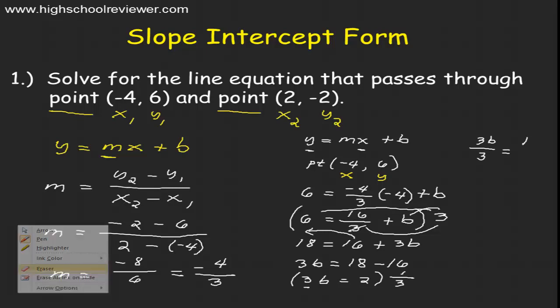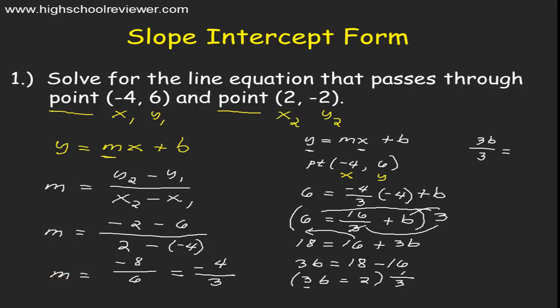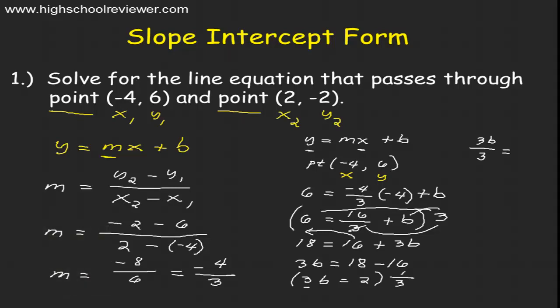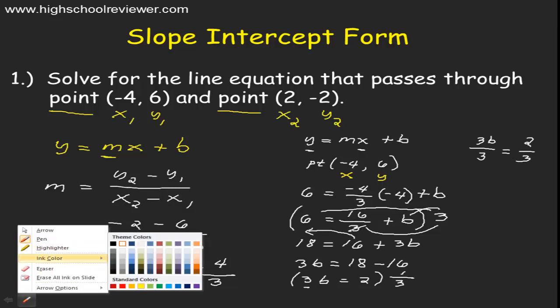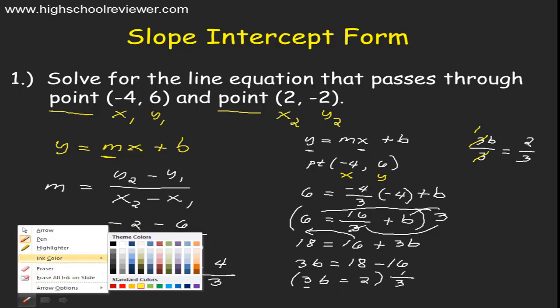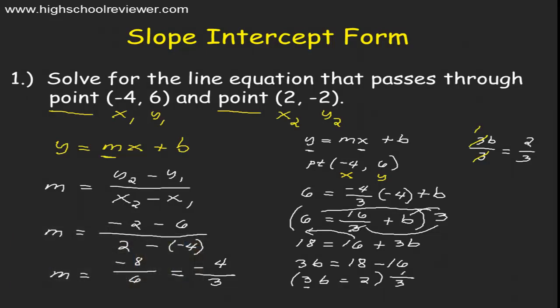Again, 3 divided by 3 is 1, and then 1 times b is equal to b. So b is equal to 2 over 3.